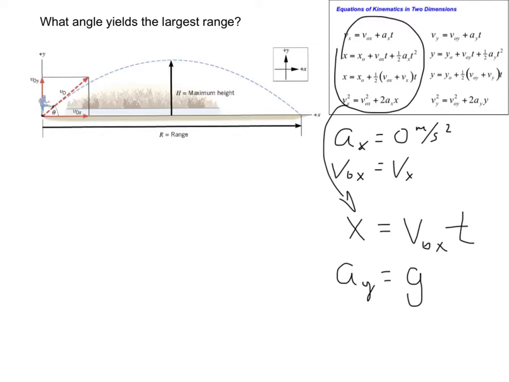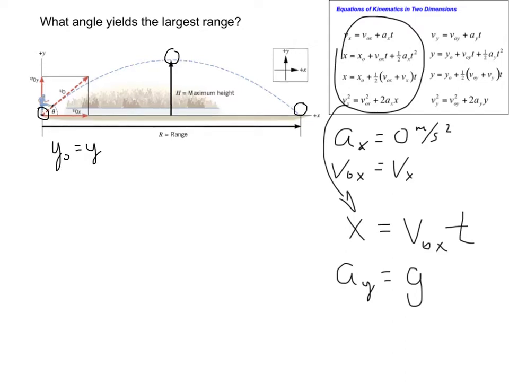Now the problem that we're going to work with is probably a little bit familiar to you, but it's simply a kicker kicking a football from some starting point down on the ground. It will travel up, reach a maximum height at some time t, and then it will travel back to the ground at some other time t in the future. A couple important points as we go through this problem: we're working with a problem where your initial y position equals your final y position.